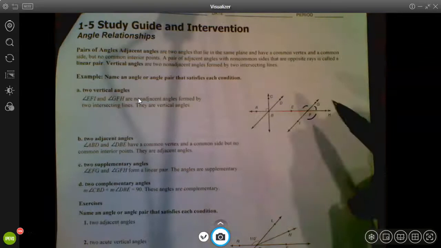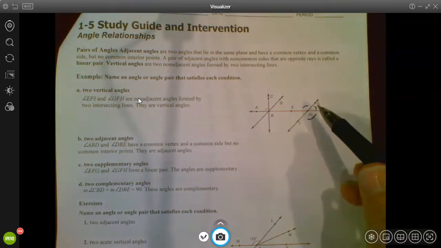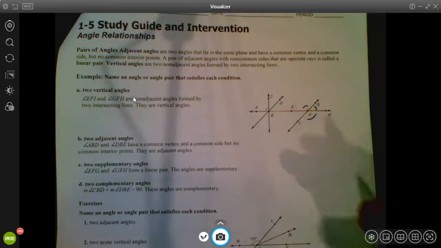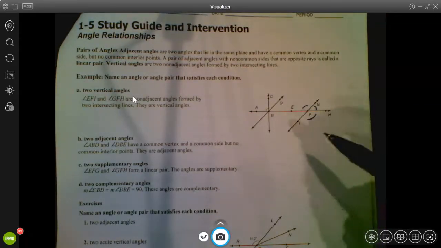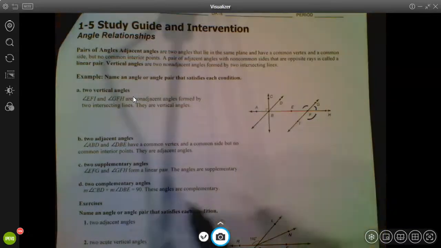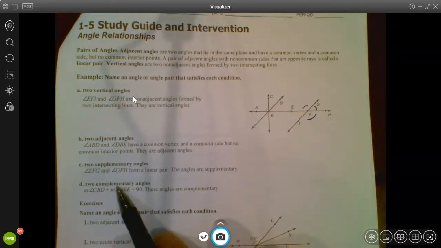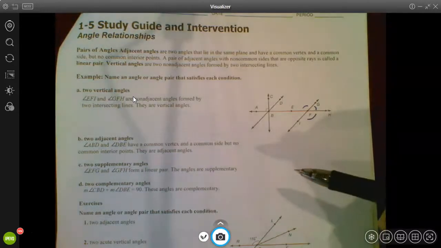They don't have to be linear pairs. Linear pairs are always attached to each other to form a line. But if you have any two angles, whether they're attached or not attached, if they add to 180, then we call them supplementary. So anything that adds to 180 is supplementary. Anything that adds to 90 is complementary. So, a good little list of vocab we've got going on here.